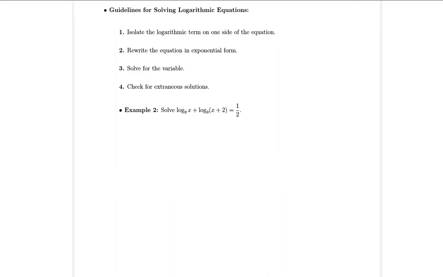All right, so at the top of the next page of the notes, we have guidelines for solving logarithmic equations. Number 1 says to isolate the logarithmic term on one side of the equation, number 2 is rewrite the equation in exponential form, which we just did, number 3 is solve for the variable, and number 4 says check for extraneous solutions.